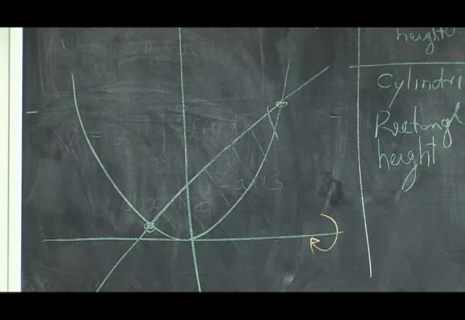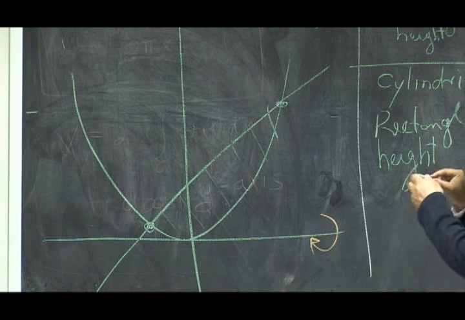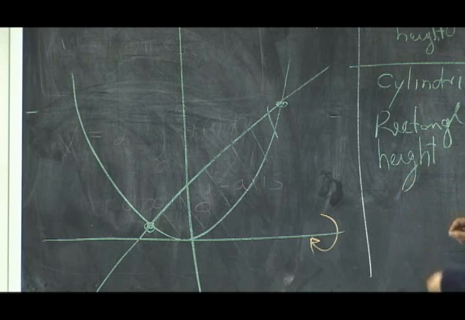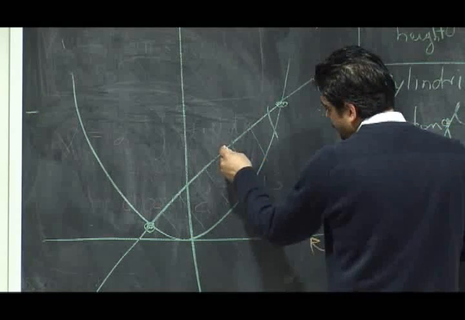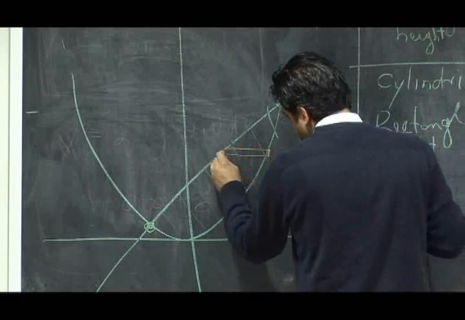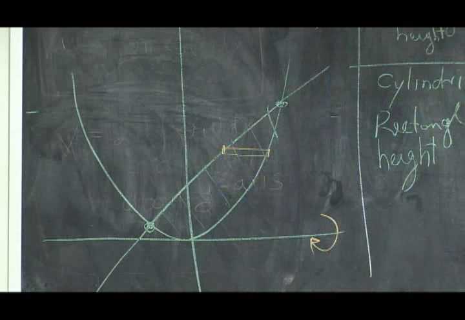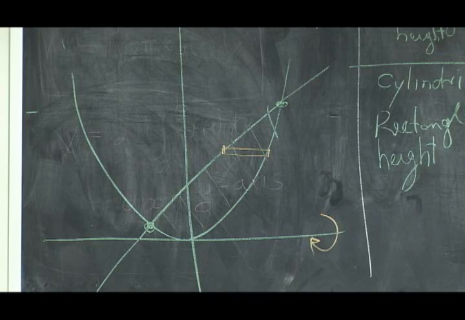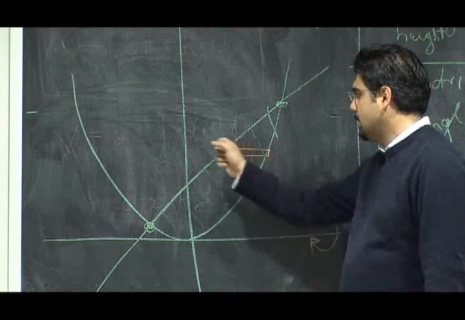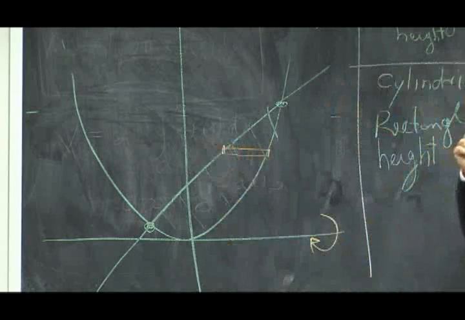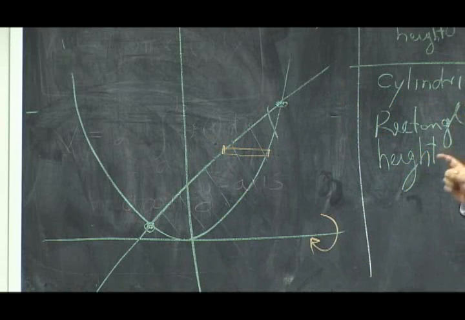Yes? If I want to use the shell method, my rectangle height has to be parallel to the axis of revolution. So that's fine, I draw one here. Yes? And we're okay. It's basically the curve here minus the curve here. That's a slight problem, but we can fix it.